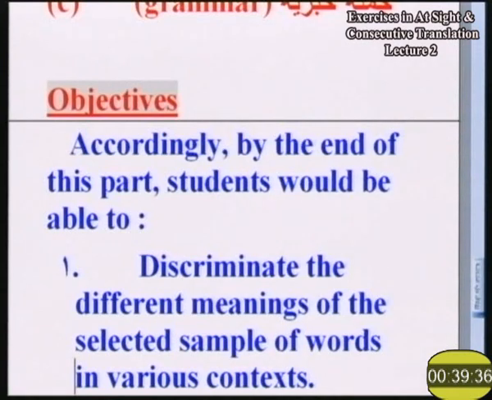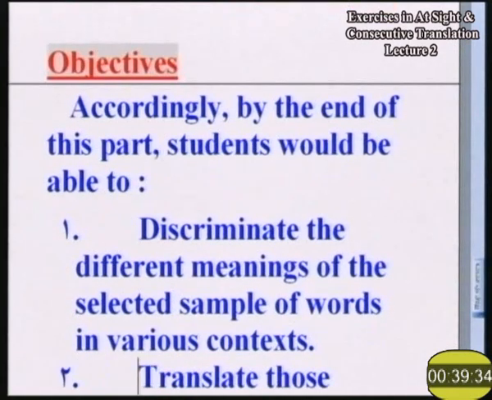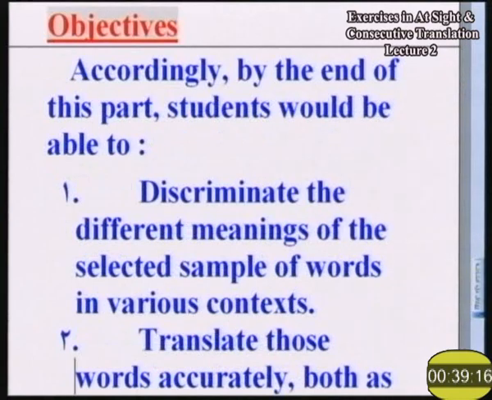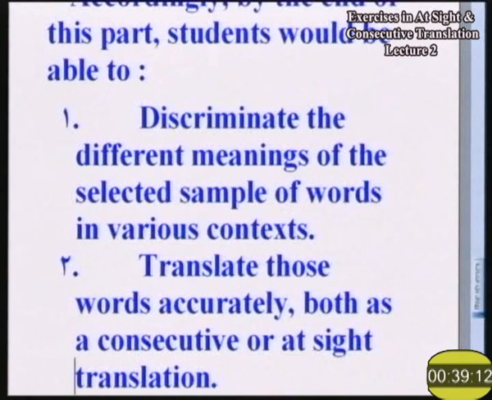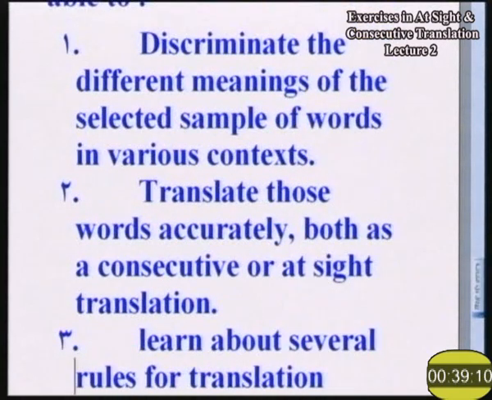Number one, discriminate the different meanings of the selected sample of words in various contexts. So you will be able to notice the differences among the words according to their different contexts. And as I've been saying, and I will always be saying, context is very important. Now, number two is to translate those words accurately, both as consecutive or at-sight translation.